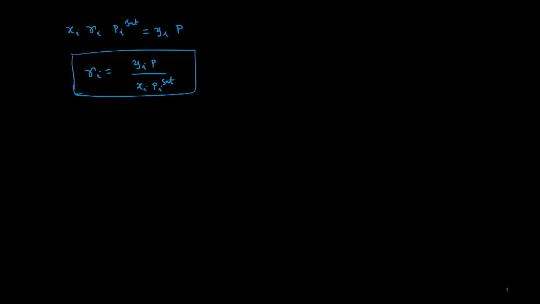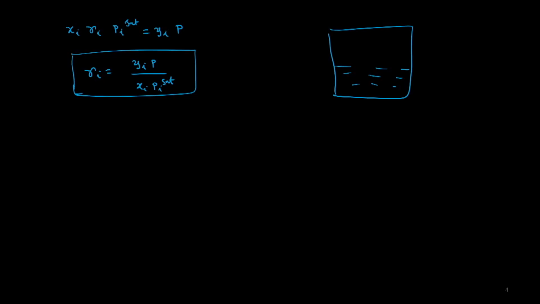We can perform an experiment like we discussed yesterday, a vapor-liquid equilibrium experiment, obtain the composition of the liquid phase, obtain the composition of the vapor phase, the total pressure, and hence calculate the activity coefficient at equilibrium conditions for each of the species i.